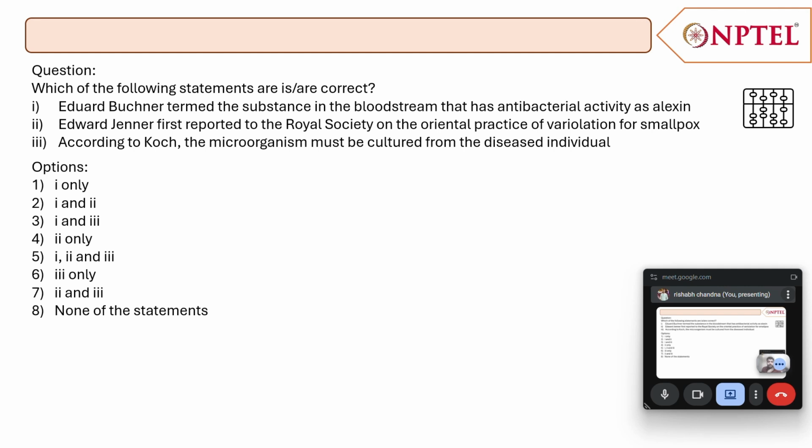So the correct answer is option number 3. That is, first and second statement is correct. So let's see the statement. Edward Buckner termed the substance in the bloodstream that has antibacterial activity as alexin.